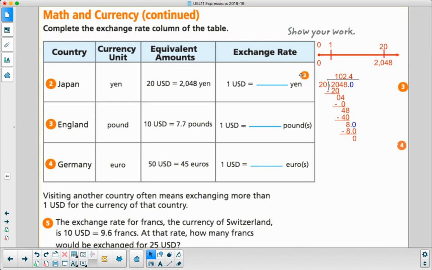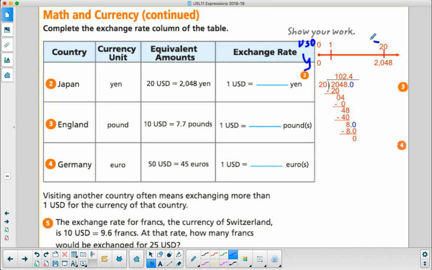I used my number line again. I said, hey, 20 US dollars. So here's my US dollars to yen. And I'm just going to put a Y for yen. $20 is equal to 2,048 yen.